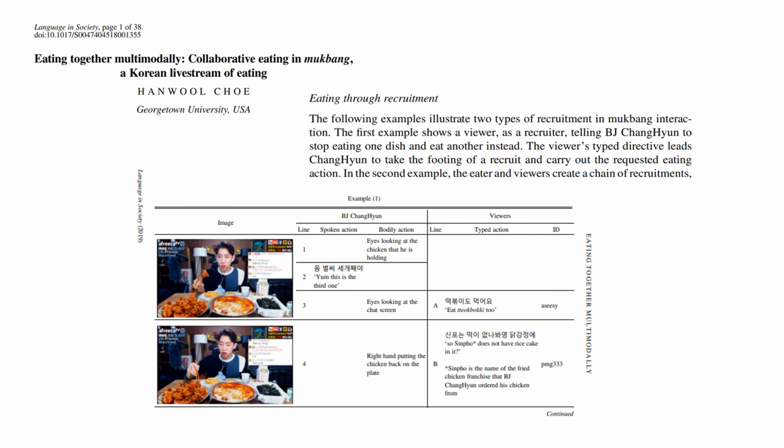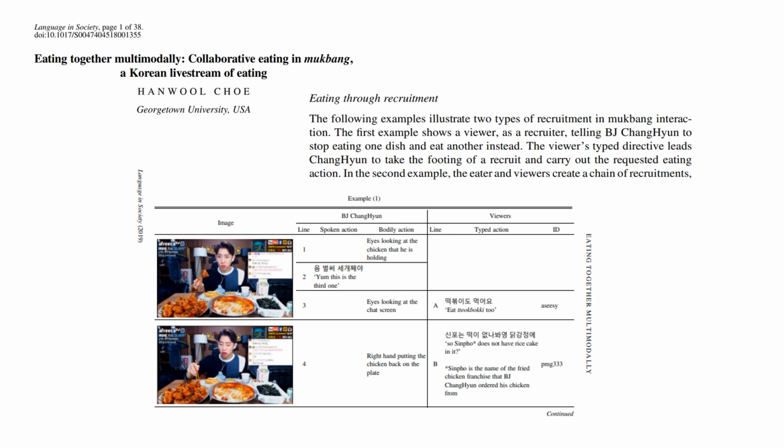This study has an interesting context. It's looking at how people eat collaboratively in mukbang and how this is done in multimodal ways online. So we have the person who's hosting the mukbang, who's there in video, but we also have the responders, or the viewers, who are performing actions and telling the person what to eat, but they're doing it via text.